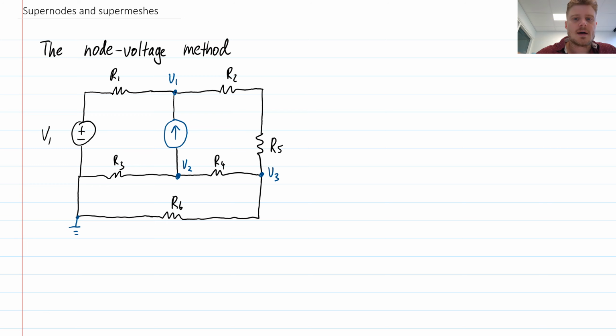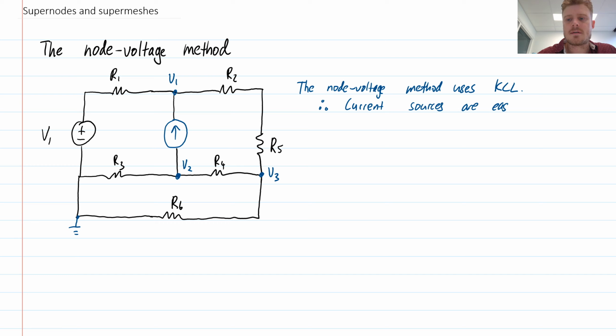So remember the node voltage method uses Kirchhoff's current law. Okay, it uses KCL. Because we're using KCL, we're looking at the sum of currents. So therefore, current sources are easy to handle, right?